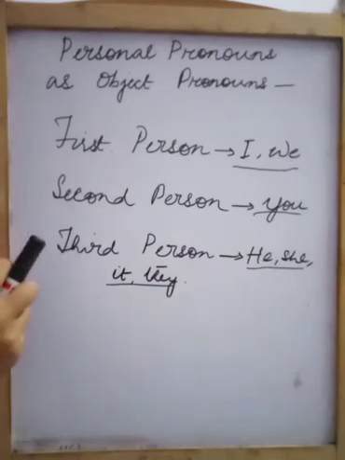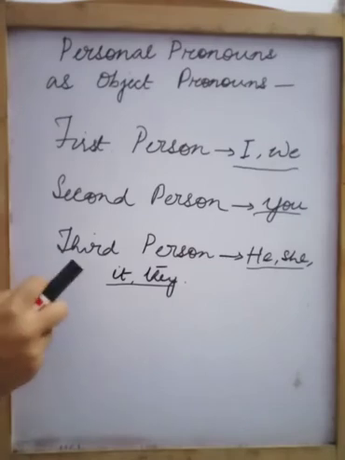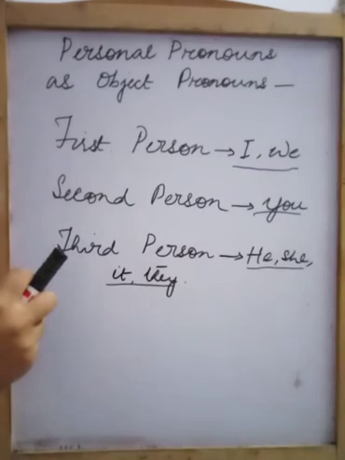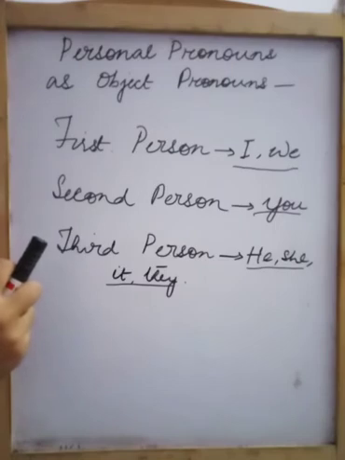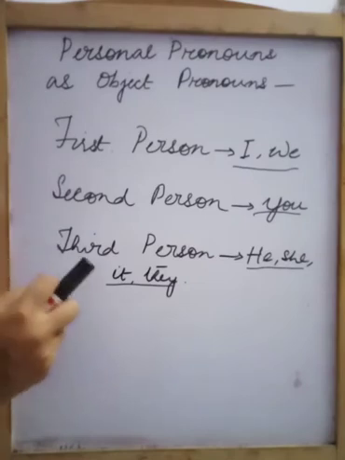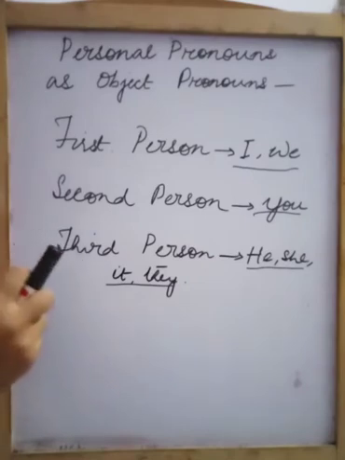We also took some examples of personal pronouns. In that class we did personal pronouns as subject pronouns. What is a personal pronoun as a subject pronoun? When a personal pronoun takes the place of a noun as the subject of the sentence, it is treated as both a personal pronoun and a subject pronoun.